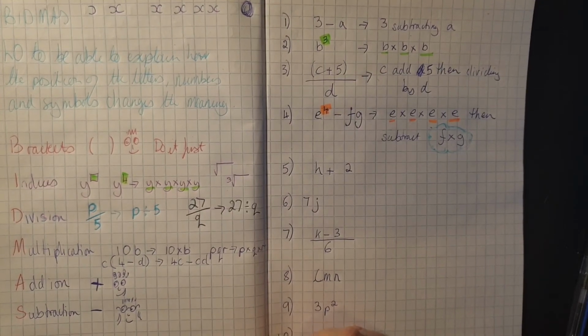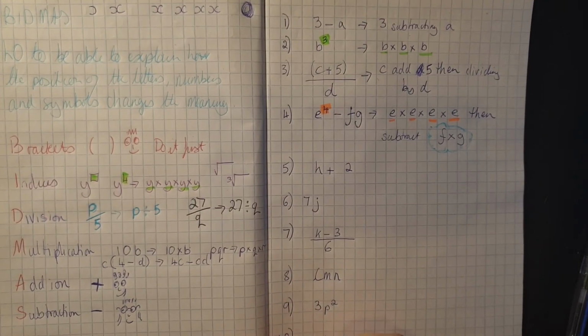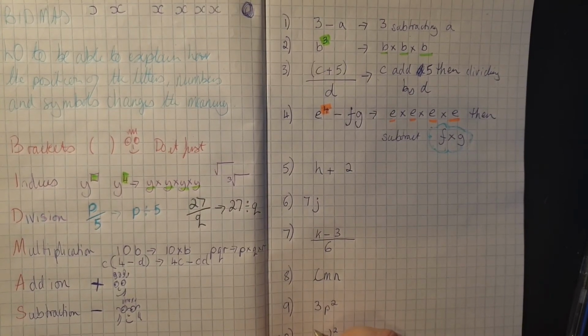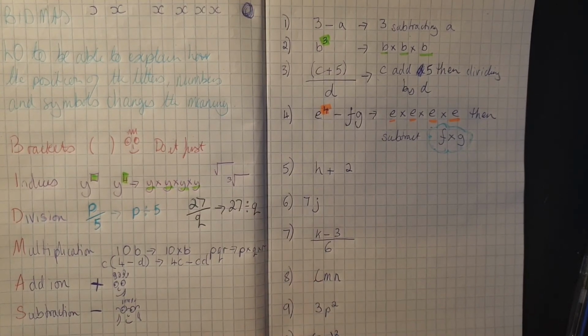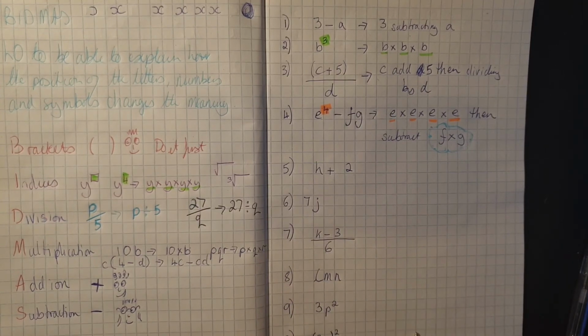And for number 10, I'm going to use P again. I'm going to use 3 again, and I'm going to use 2 again, but I'm going to do that first. So be careful on 9 and 10. Pause the video, write out what you think the answers to these are. When you've written them out, restart the video and I'll go through them with you.